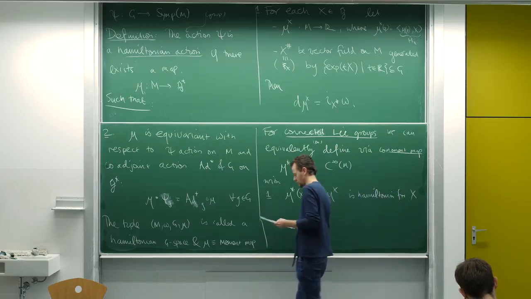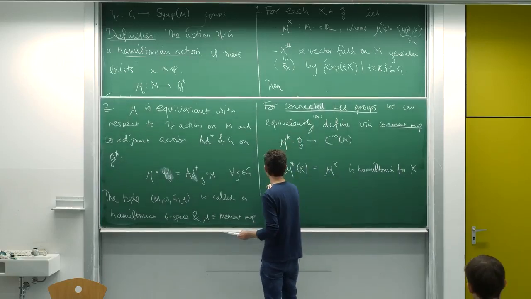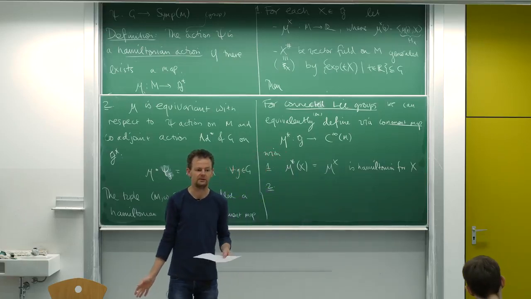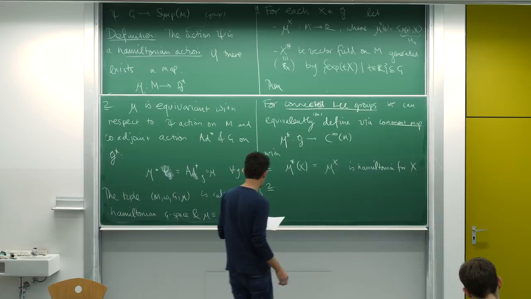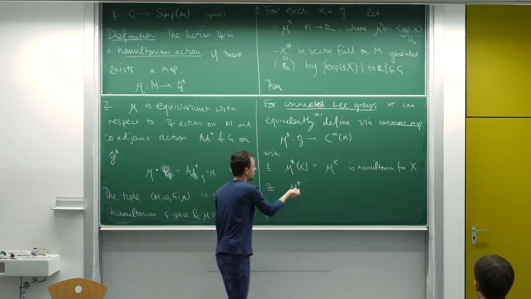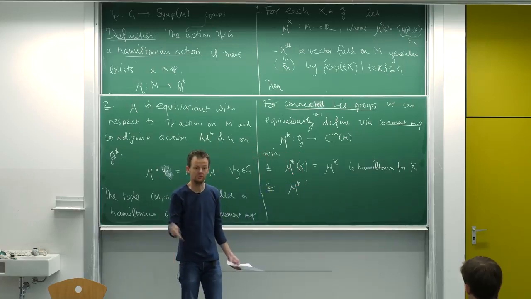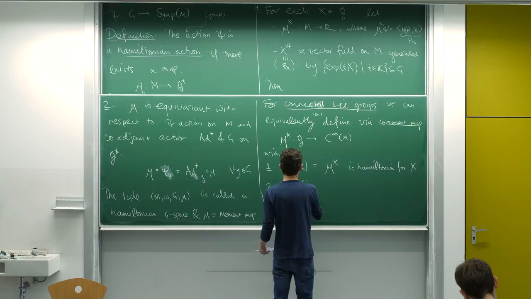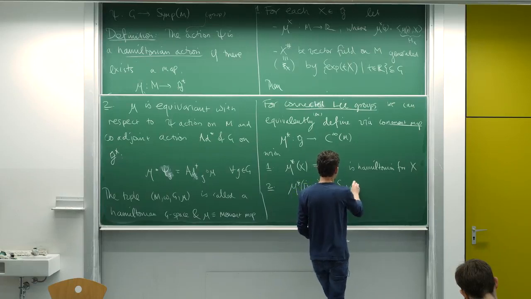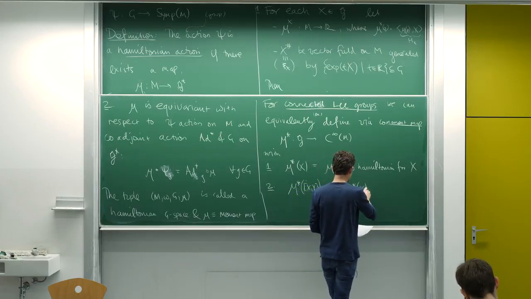And condition 2 is the one which I referred to as the inverse Noether theorem. If you evaluate this co-moment map on a commutator, then that becomes a Poisson bracket of these functions.